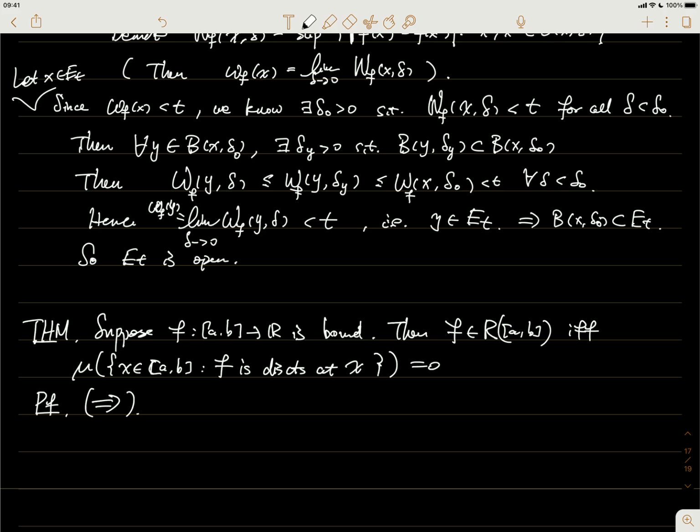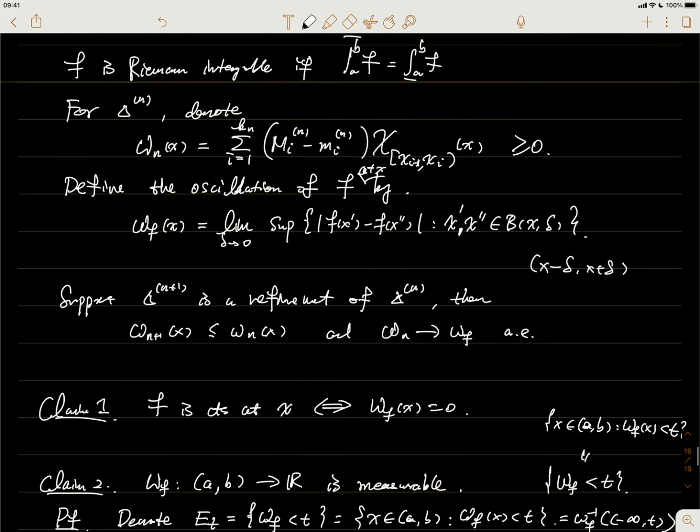Okay, it is Riemann integrable means that... I should claim this above, because we have shown that Wn is the variation based on the partition delta n. We have this Wn, right? That's what we define here.